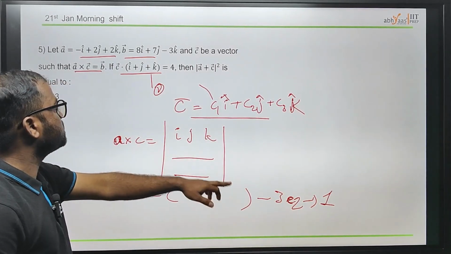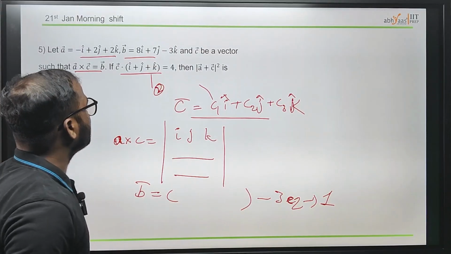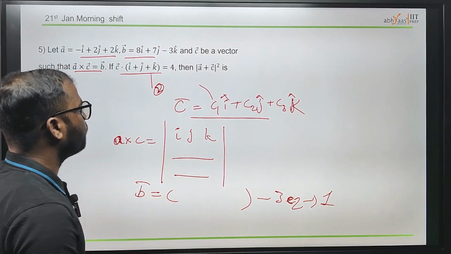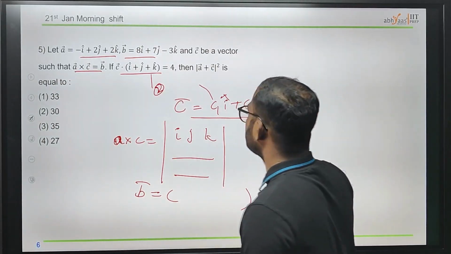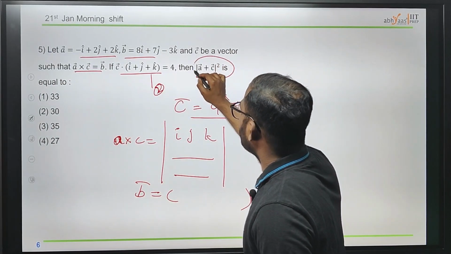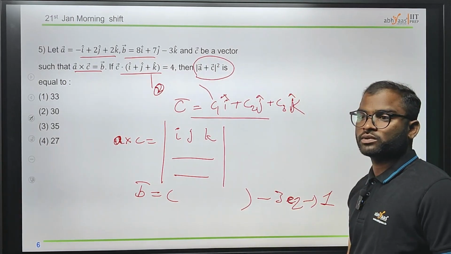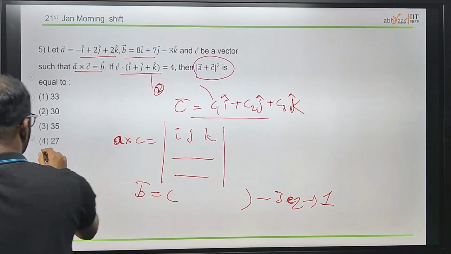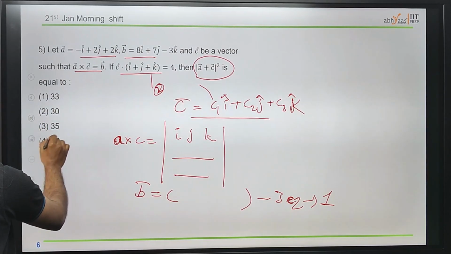Therefore by using this equation and that equation, we will get the values of c1, c2 and c3. Once you find c2 and c3 values, the process will be done. Ultimately you can easily find a bar plus c bar whole square. That's how we can solve this question, and the answer is the fourth option.